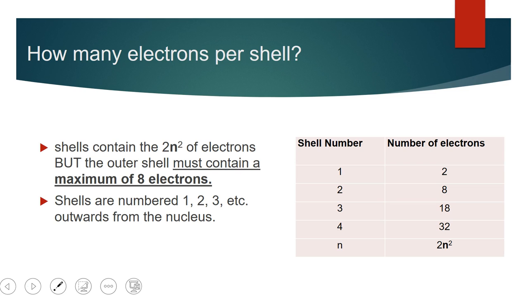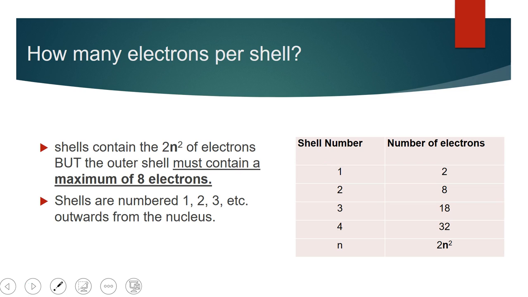As you will have learnt in year 10, we can determine the number of electrons per shell by using the 2n squared rule, where n is the number of the shell. If we take the number of the shell, square that number and multiply it by 2, we get the maximum number of electrons that can be held in that shell.